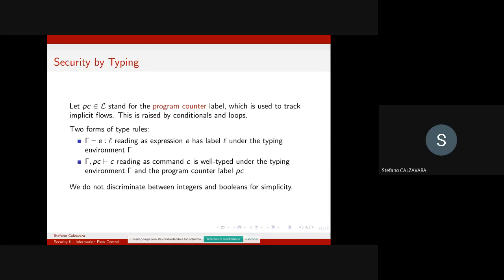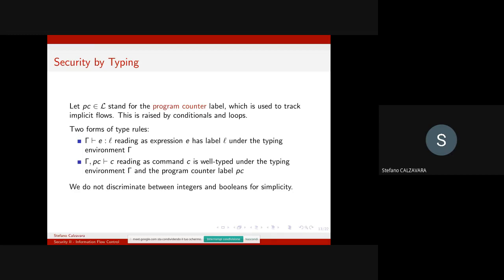The type rules we consider in our system are of two shapes. The first shape is the one we use for expressions, and the other one is the one we use for programs. So for expressions, we have a simple typing judgment, which says that a given expression E has label L under a given typing environment gamma. So it means that this expression will evaluate to a value which is either confidential or public, intuitively.